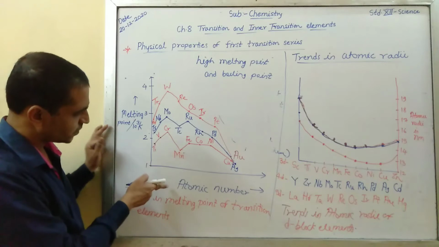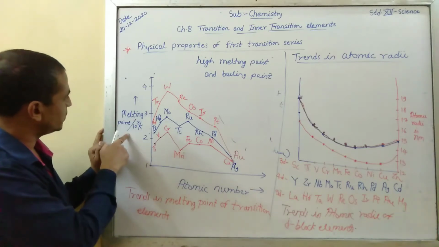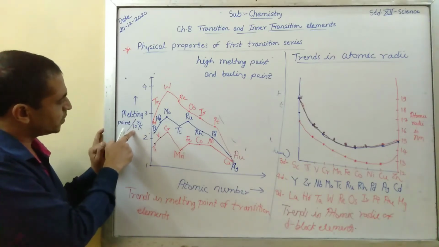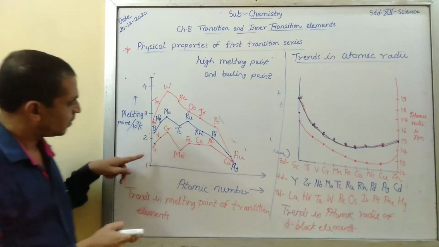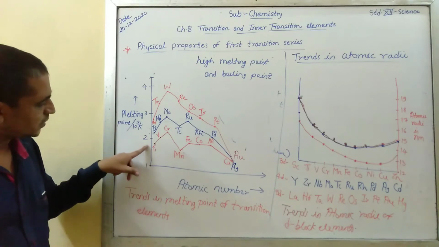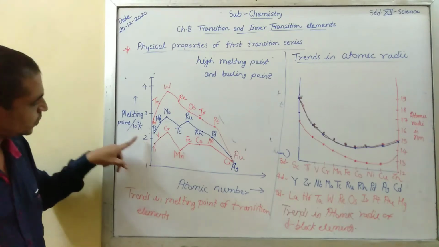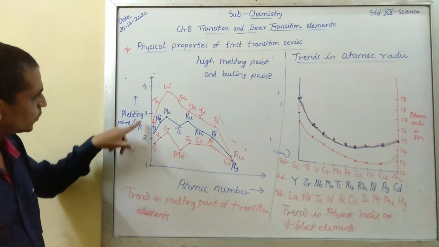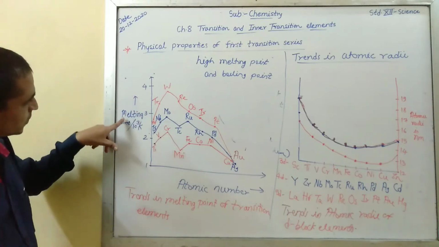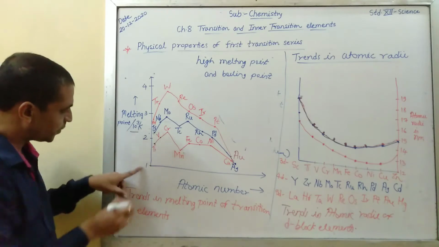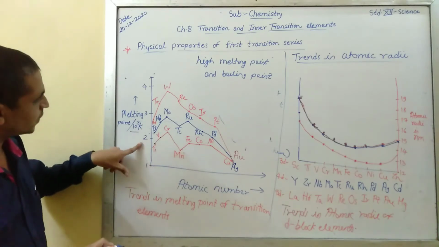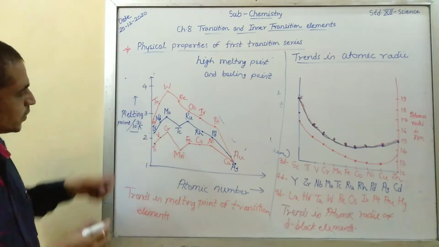Here is the atomic number and here is the melting point per 10 raised to 3 Kelvin. The melting point of titanium is nearest to 2000. So it is 1000, 2000, 3000, 4000. Remember that it is 1000 Kelvin, 2000 Kelvin, 3000 Kelvin, 4000 Kelvin.